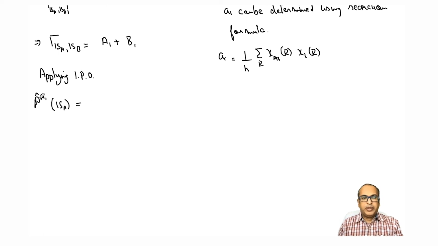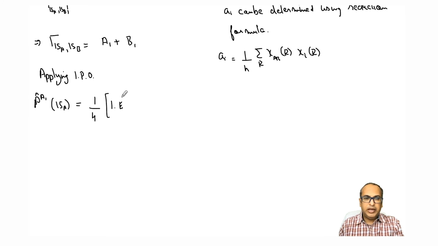Okay. So we are going to apply the projection onto A1 of 1sA. What do we get? So l is 1, h is 4, and the corresponding matrix element for A1 for all of them will be 1.